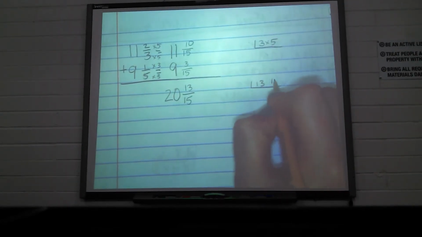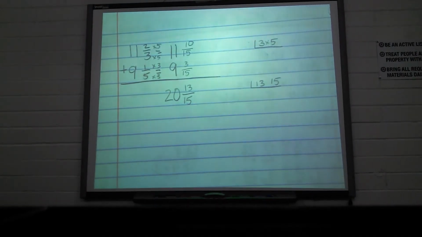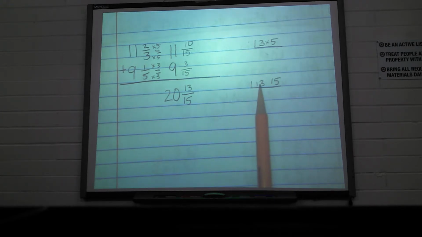Well, if I'm not sure, let's check it out. Let's go through our divisibility rules. 2 does not go into both of them because they're not even numbers. How about 3? Okay, well, let's see. The divisibility rule for 3, I add up the digits. 1 plus 3 is 4. 3 doesn't go into 4 nicely, so I can stop there. How about 5? Does 5 go into both of these?